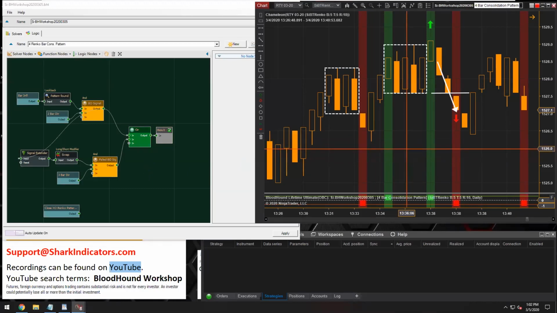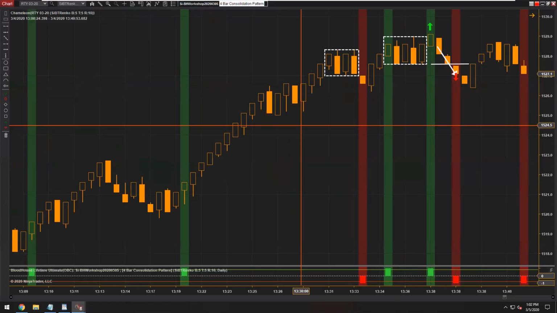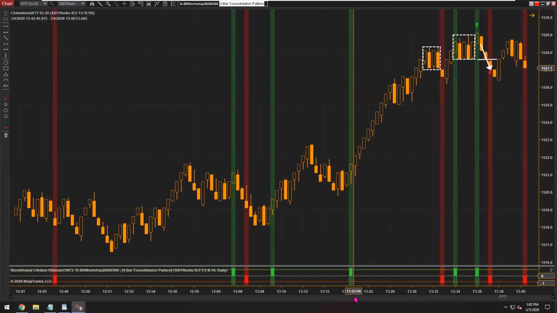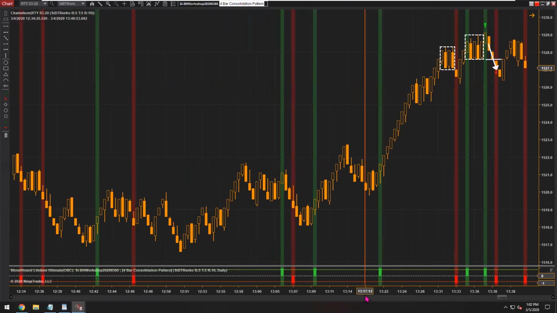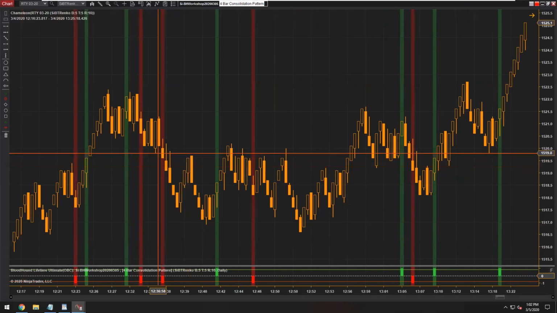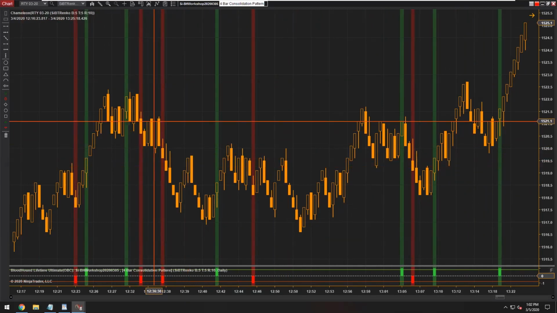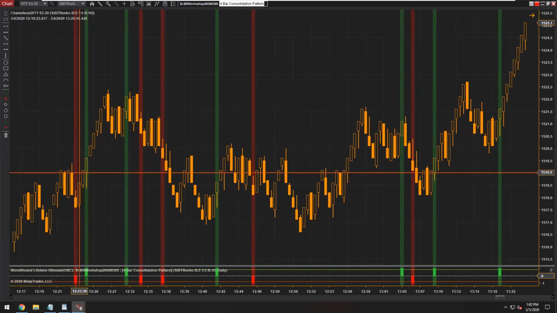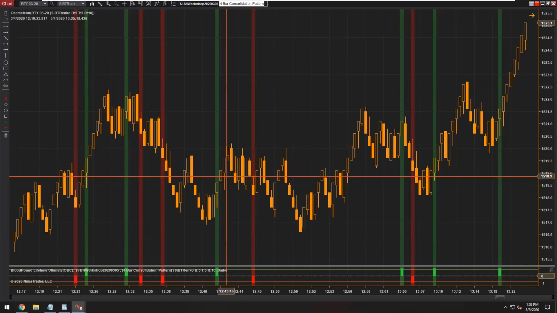And now we can see all the signals. Yeah, so we'll definitely get a lot. So I guess whenever there's a consolidation pattern, we're going to get a signal in one direction or the other. So great. Yeah, there's a bunch of signals there. Okay.